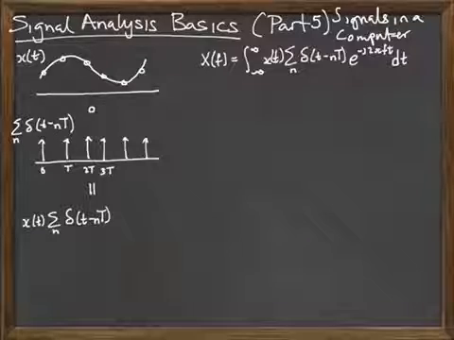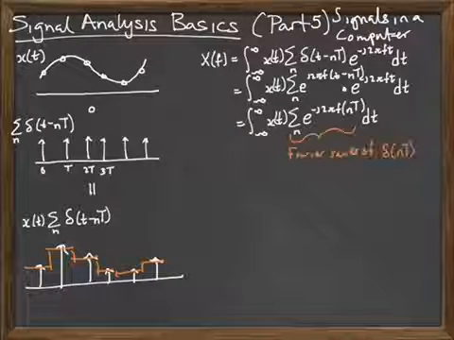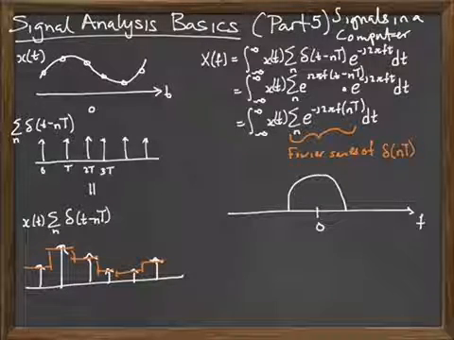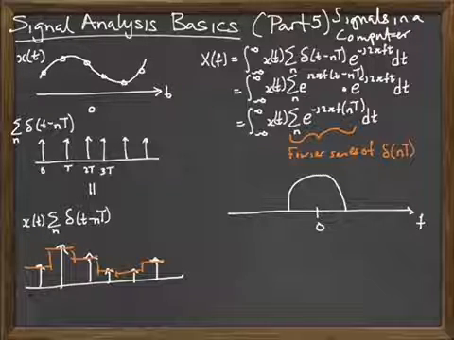So X of f, capital X of f, is equal to the integral of these things, the original signal multiplied by the transfer function, and then the Fourier transform of that, which, as we follow down here, comes out to x of t multiplied by the Fourier series over time, which ends up looking something like this. It's just a bunch of data in the frequency domain.